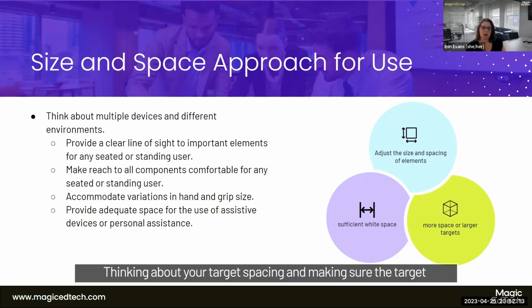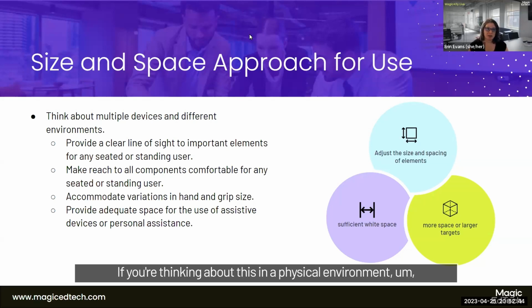Thinking about your target spacing and making sure the target for a clickable area is big enough for people to be able to use it, even if they might have mobility issues, or if they're using something like Dragon NaturallySpeaking, whatever they need to do, it's not so small. And making sure there's sufficient white space in your design, because if there's too much stuff all cluttered together, it really does make it more challenging for people to figure out where they're supposed to be.